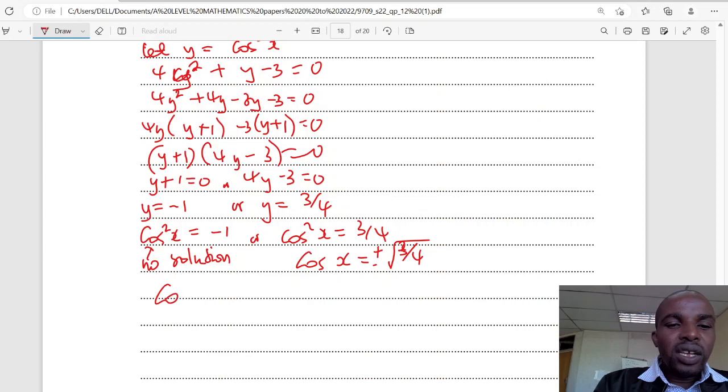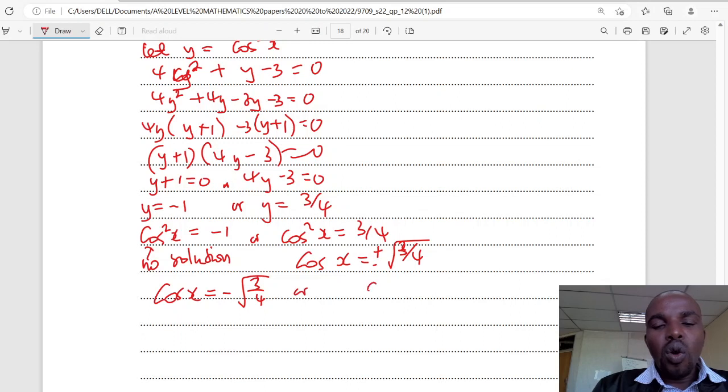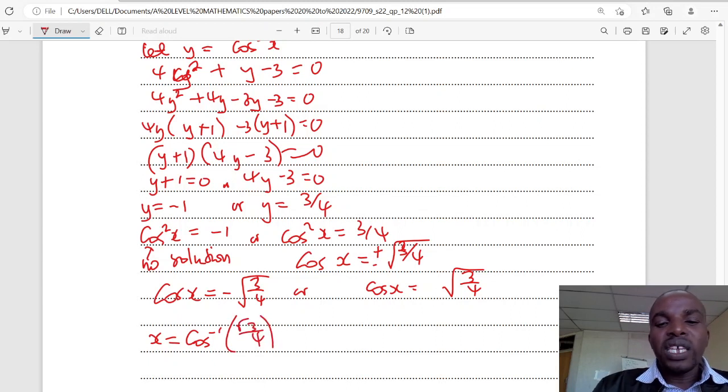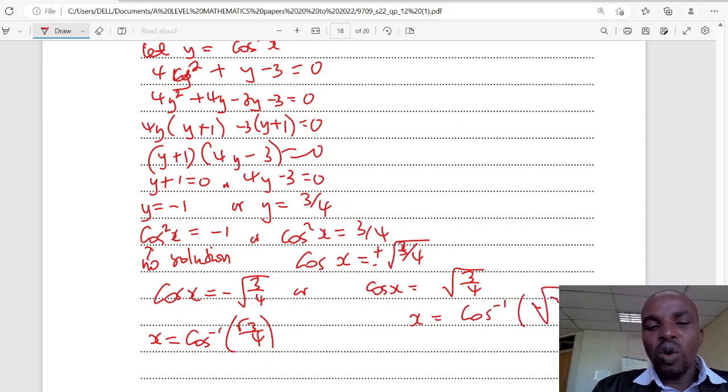So we can say cos x is equal to minus root 3 over 2, or cos x is equal to root 3 over 2. These are the two items. Then from this, you get x is equal to arc cos of root 3 over 2, and the same thing on this side.